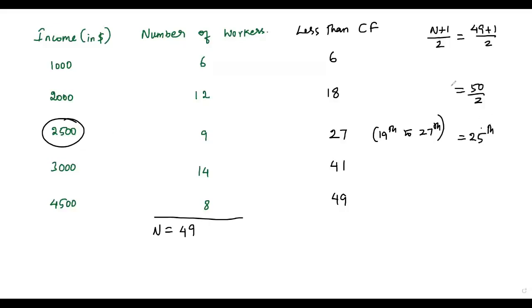The value of (n+1)/2 is 25, so to get the median, we have to find the income at the 25th position. The 25th position comes between the 19th position and the 27th position, where we have the same income, $2,500. So in the 25th position, the income is $2,500. So the median for the given discrete frequency distribution is $2,500.